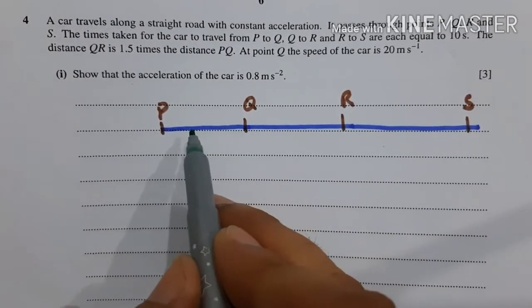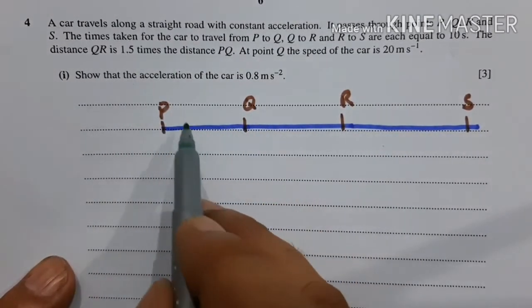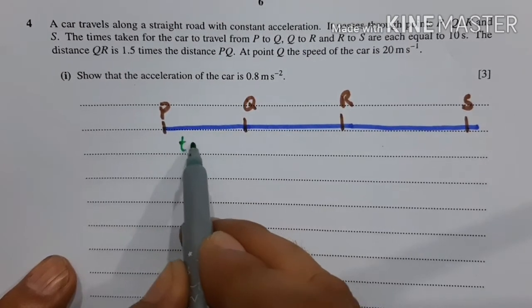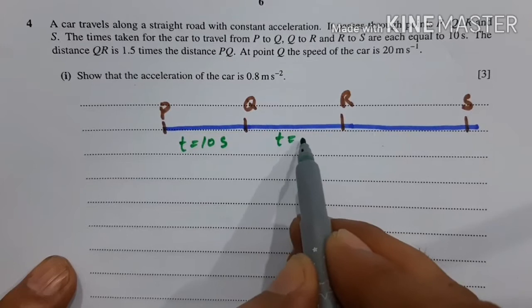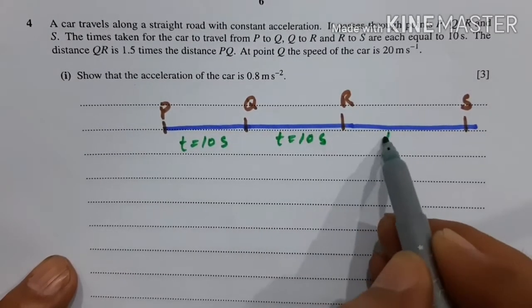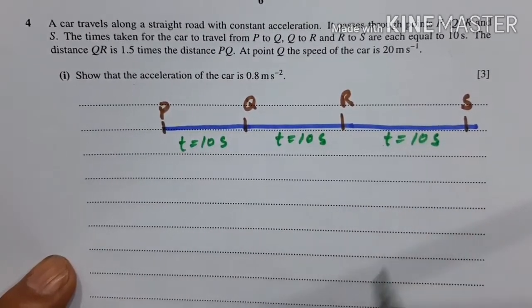Here we got some quantities. For example, the time here is 10 seconds. Here the time is also 10 seconds. Here the time is also 10 seconds.